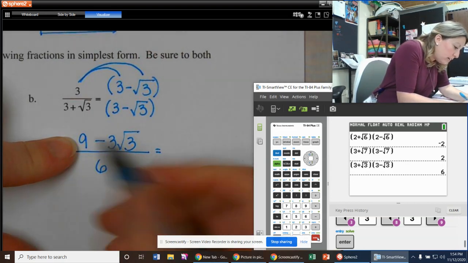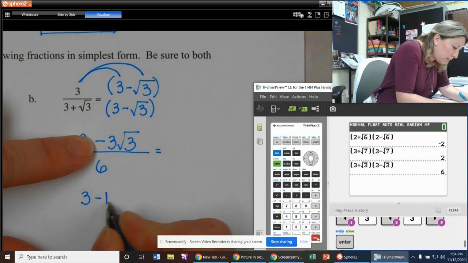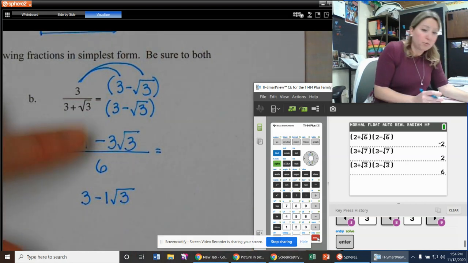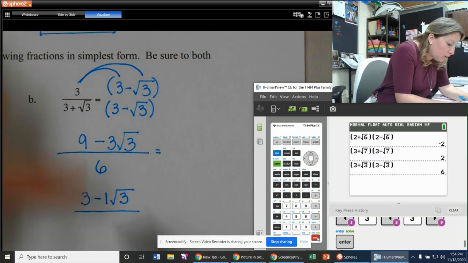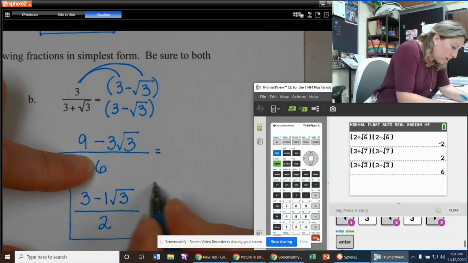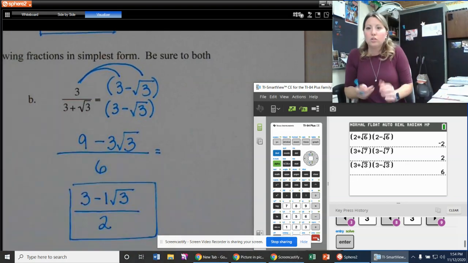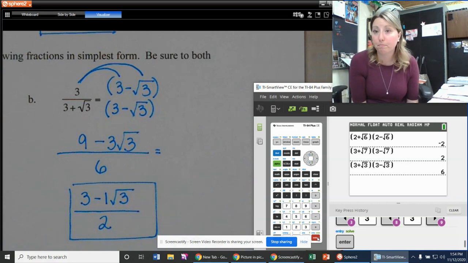So 9 divided by 3 is 3. Negative 3 divided by 3 is negative 1. And the radical 3, of course, comes with. And then in the denominator, 6 divided by 3 is 2. There is our final answer. So if the coefficients can all evenly divide by something, then we do it.